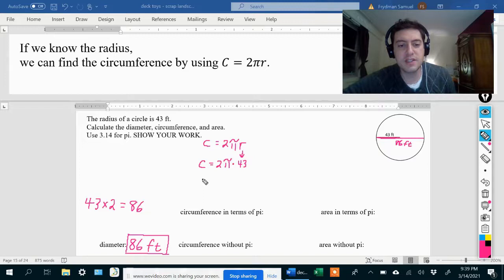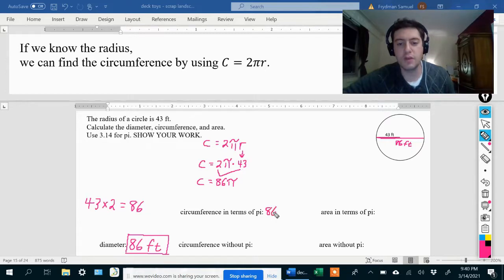So now I'm going to write C is equal to, I'm going to draw lines right over here to indicate that I want to multiply 2 by 43, which is 86, and I'm going to keep the pi there. So the circumference with the pi still in there is 86 pi. That's the circumference in terms of pi.